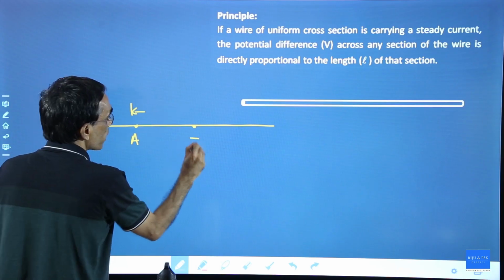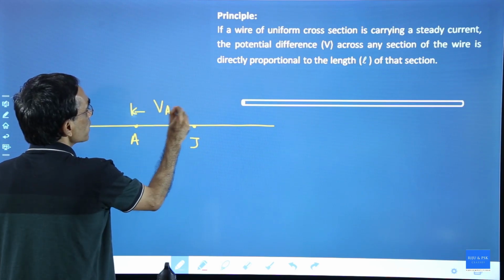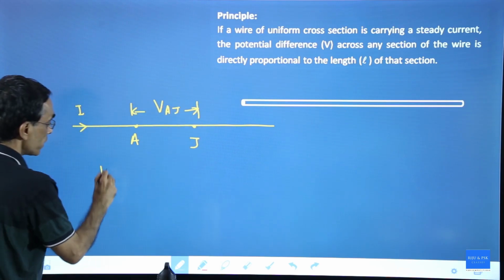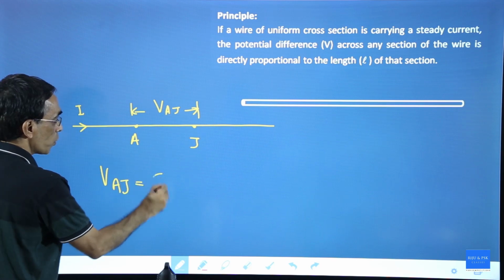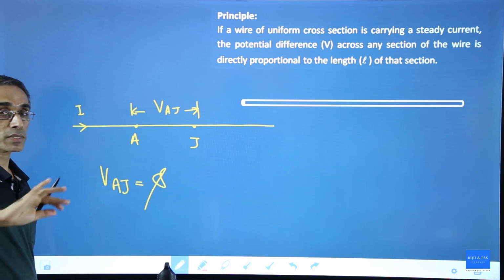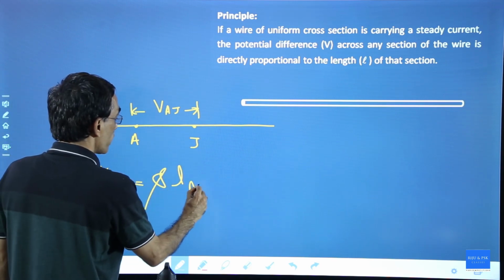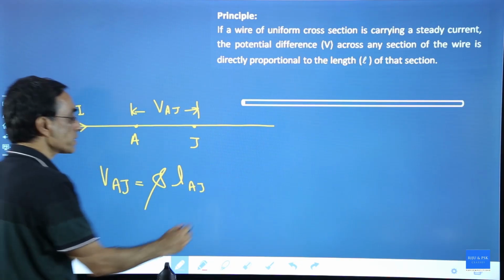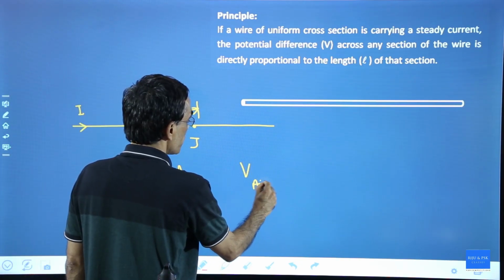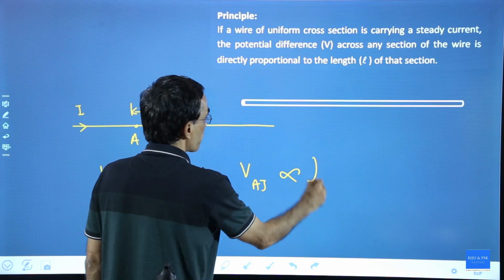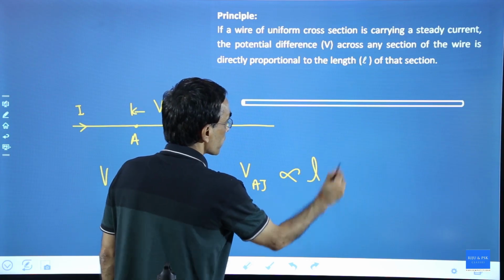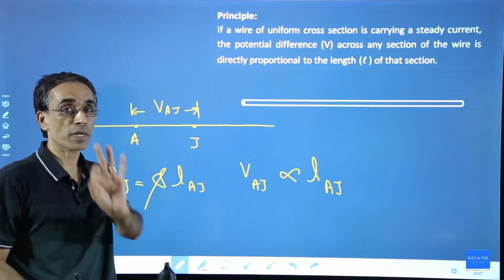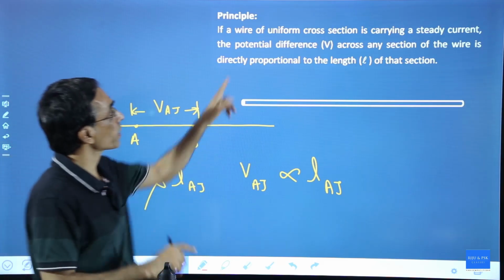Like a point A and J, there is a potential difference between them, and that is given by VAJ equal to phi into LAJ, where phi is the potential gradient. So, we can say the potential difference between A and J is directly proportional to length between A and J. This is the principle of potentiometer, the working.